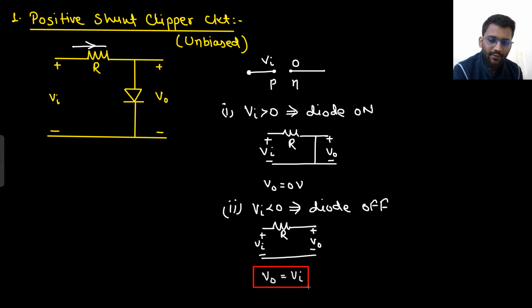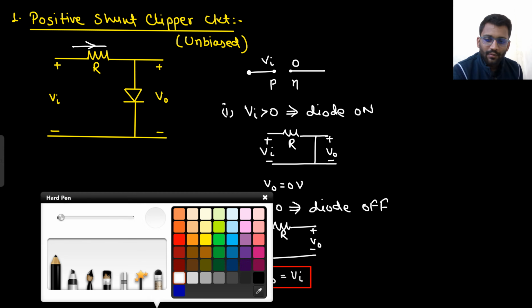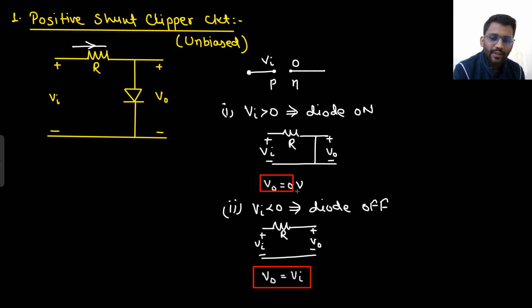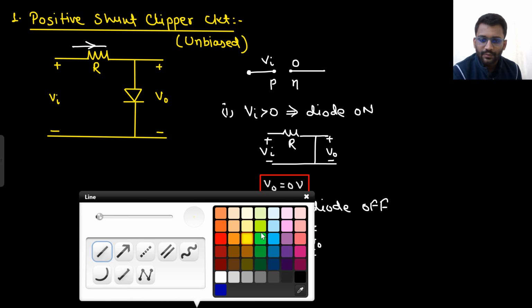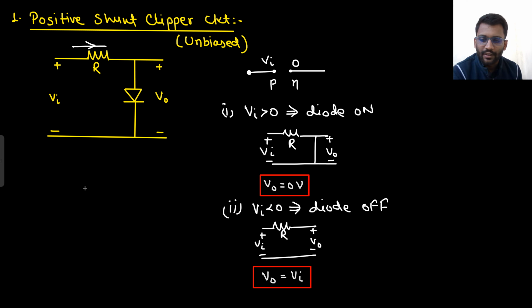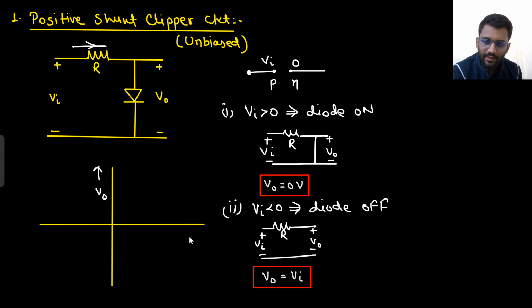So what do you see here? For V in less than 0, V out is equal to V in, and for V in greater than 0, V out is 0. Right? So we can draw the graph now. Graph will be between V out and V in.